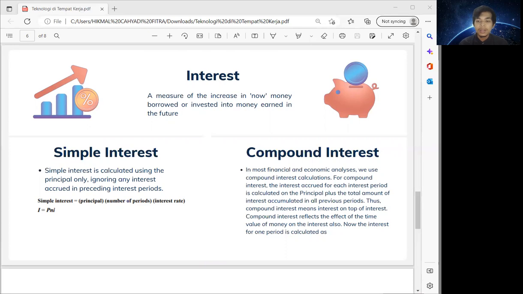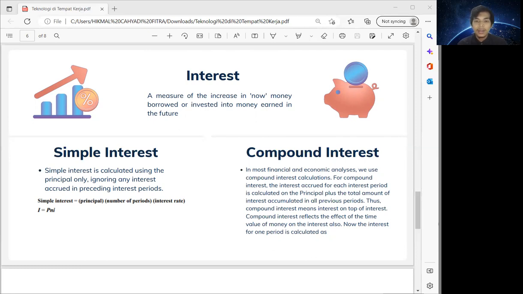Here, i is the interest rate, expressed in decimal, or we can say less than 1, that is, less than 1 or 100%.